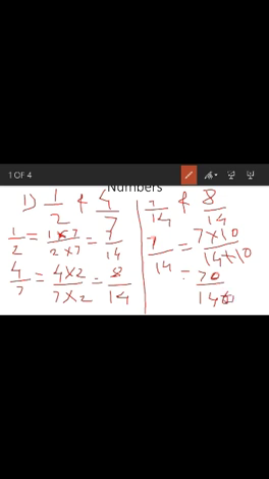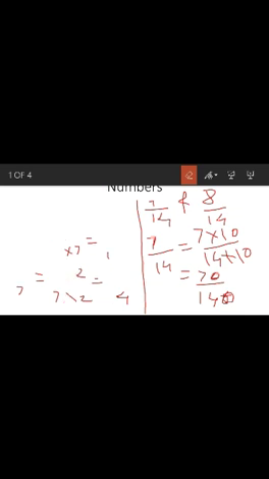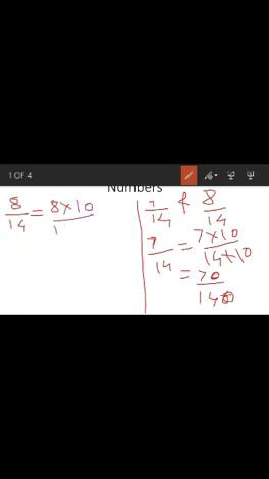Same thing with 8 upon 14: 8 multiplied by 10 and 14 multiplied by 10, we get 80 upon 140. Now these two numbers we got are 70 upon 140 and 80 upon 140.